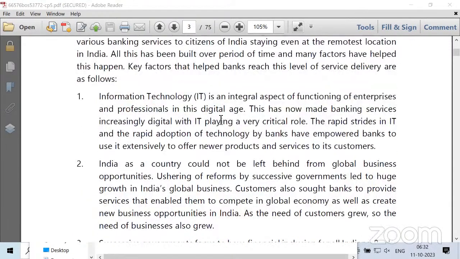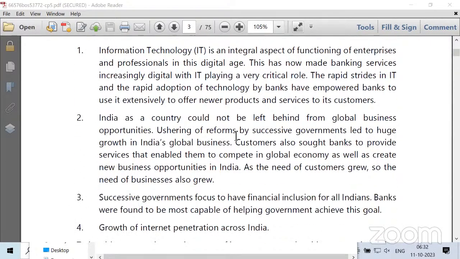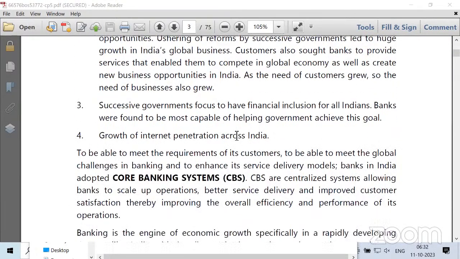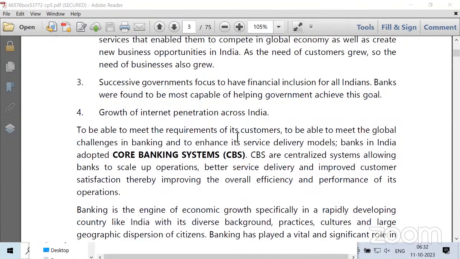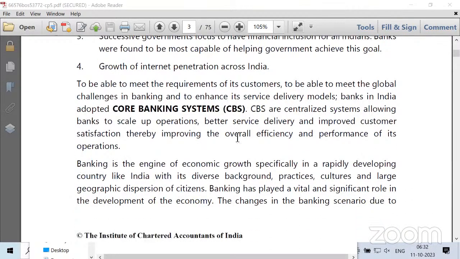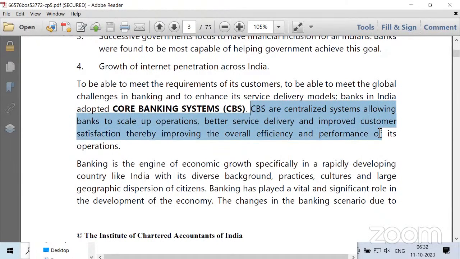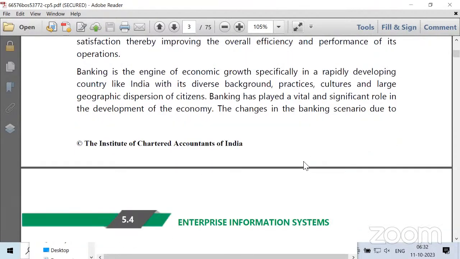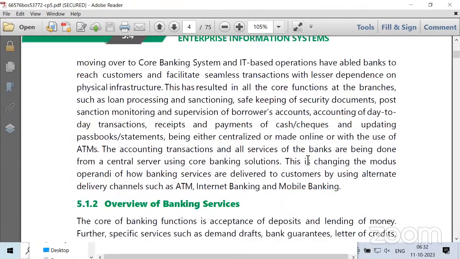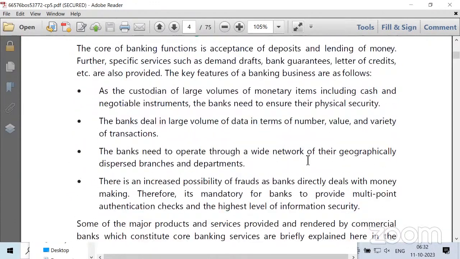Core banking solution is nothing but a combination of all the modules meant for banking operations integrated together and attached to the database. It's a centralized system allowing banks to scale up operations, better service delivery, and improved customer satisfaction, thereby improving the overall efficiency. So simply you keep the ERP model in your mind.